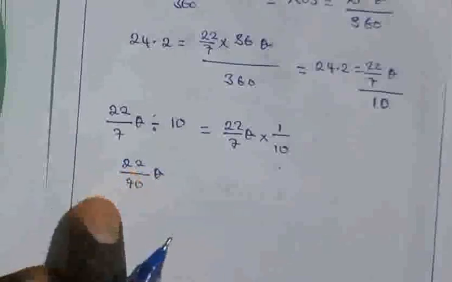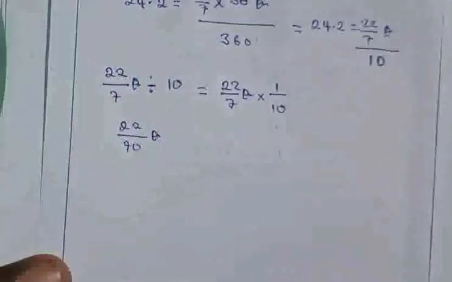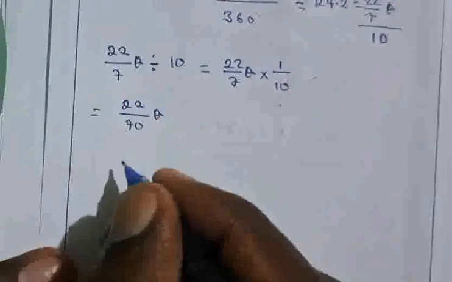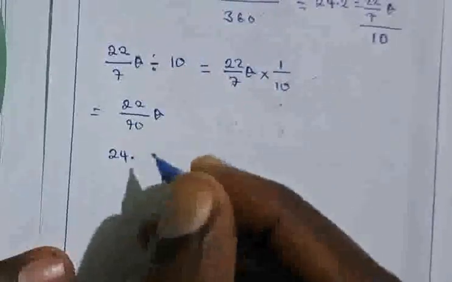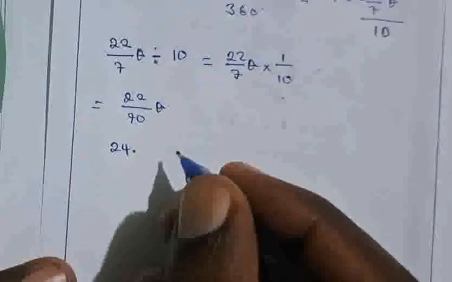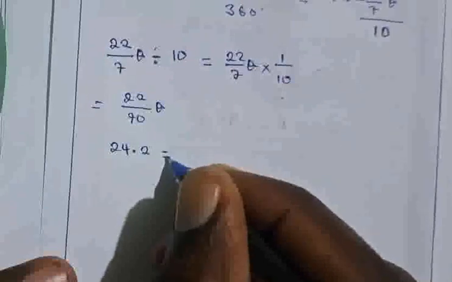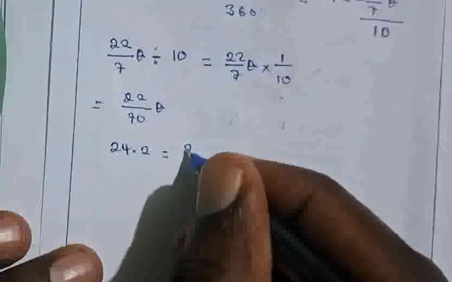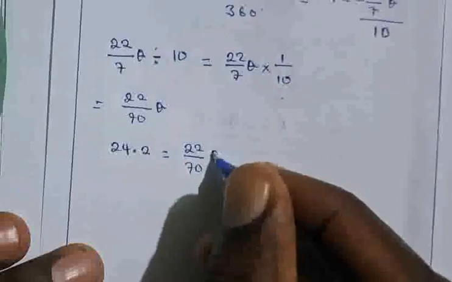So since we have this part, we're going now to bring in this 24.2. So we're going to say 24.2 is equal to 22 over 70 theta.